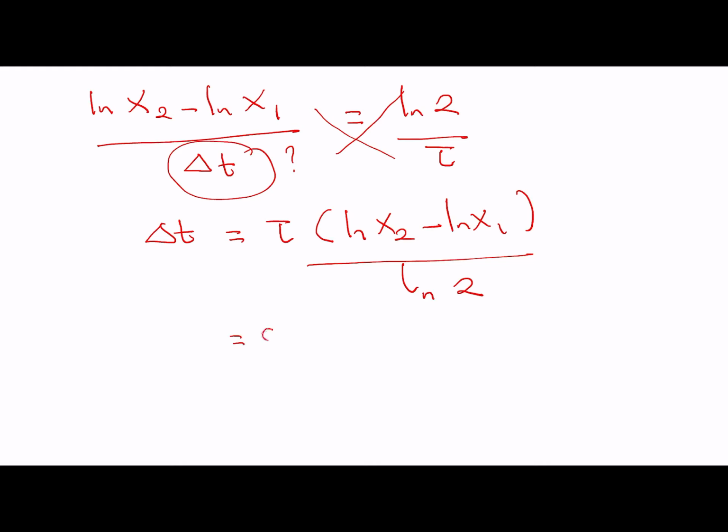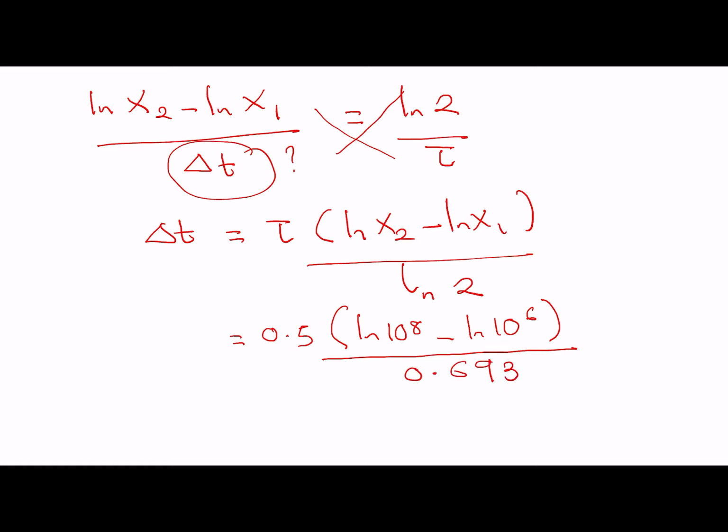So our tau is 0.5 from 30 minutes. We have ln x2, that's the highest point of our cell number, 10 raised to power 8. The starting point, 10 raised to power 6. And then ln 2, if you punch that into the calculator, is 0.693.